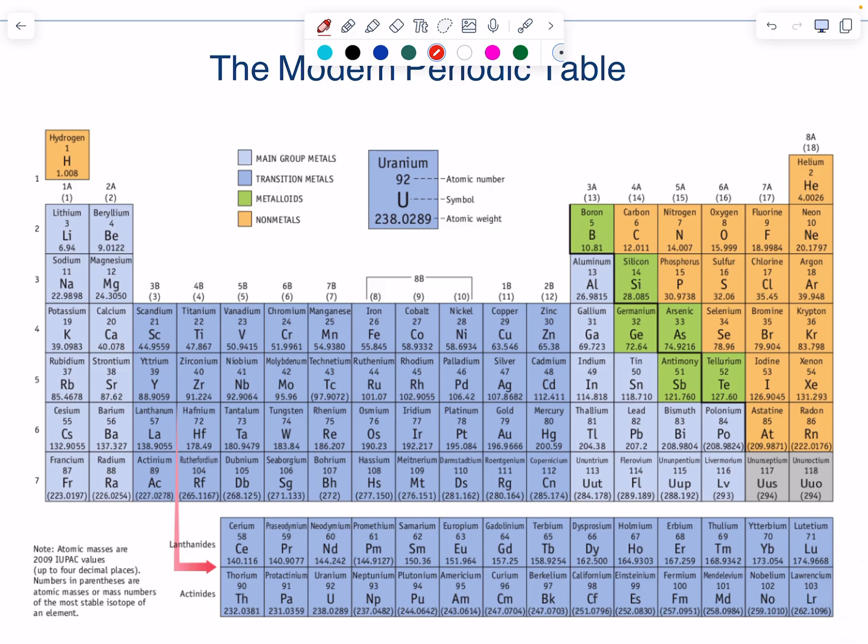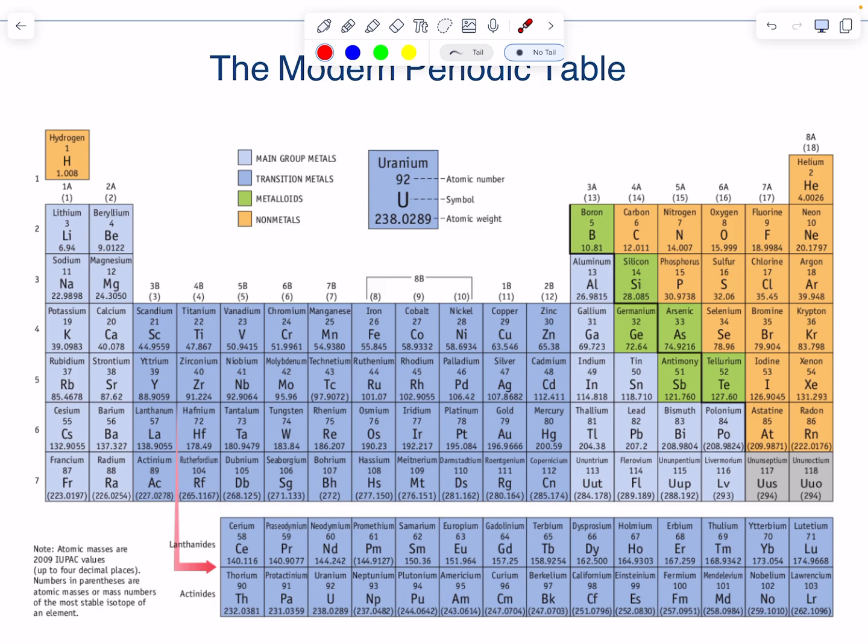So we've already talked about how to interpret one of the squares on the periodic table, the zoomed in view. Now we're going to do the zoomed out view and talk about the structure of the periodic table, and what the position on this table tells us about a material.